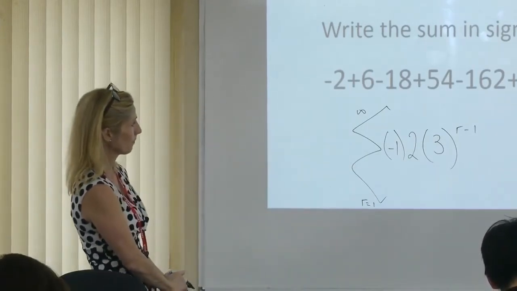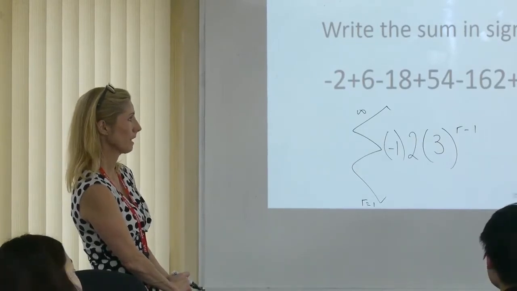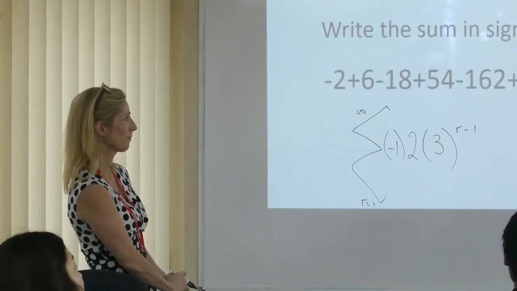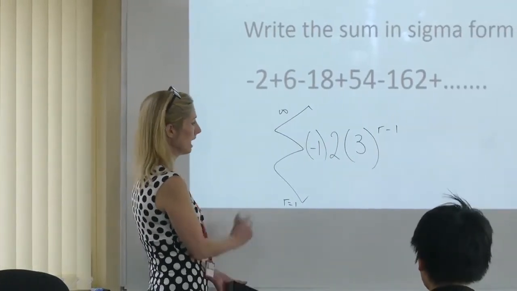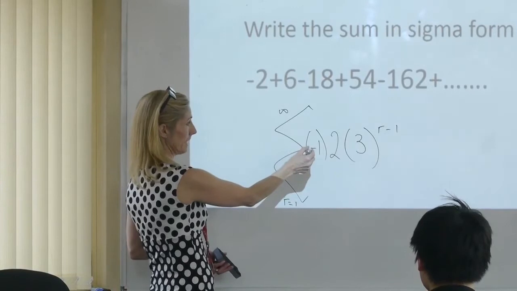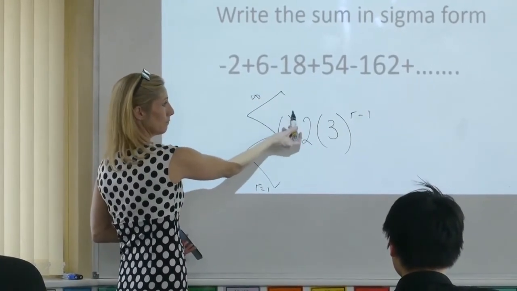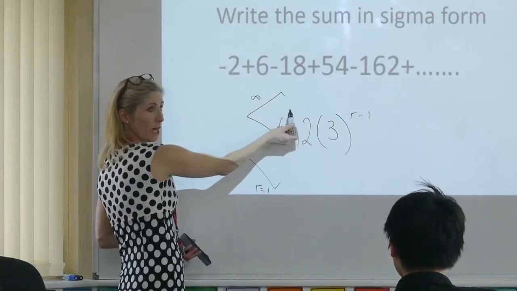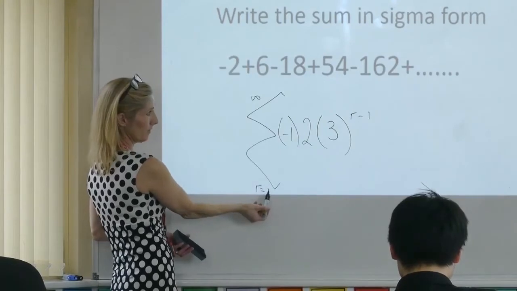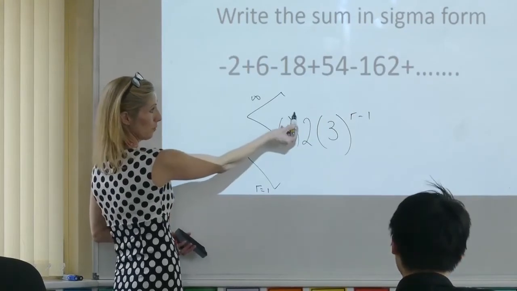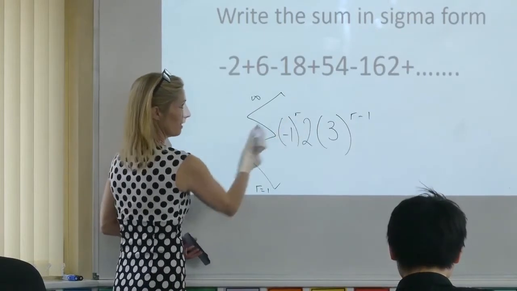We need to make sure that the power you're raising to, if that's odd, then that would mean that the number should be negative, because an odd power of a negative is a negative. So therefore, do I need to put this as an r or an r plus 1? If I started off with r as 1, do I need to make this an r or an r plus 1? Just an r. Okay.